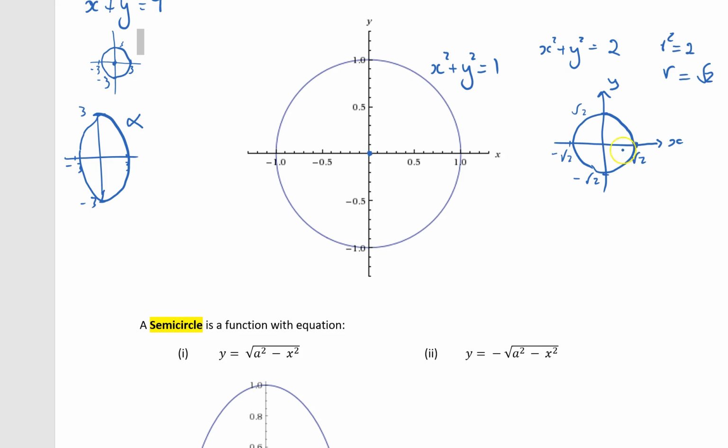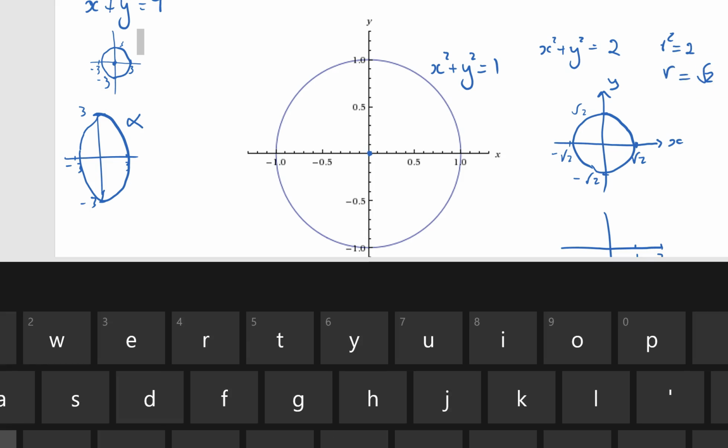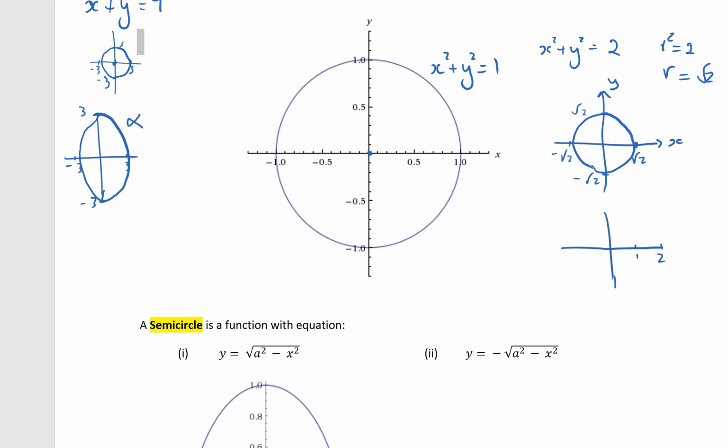If there are some values actually stated on the axes, so if you were given a number plane, and this was 1 and this was 2, and you were drawing this exact same circle with a radius root 2, then you would be estimating where the square root of 2 is.